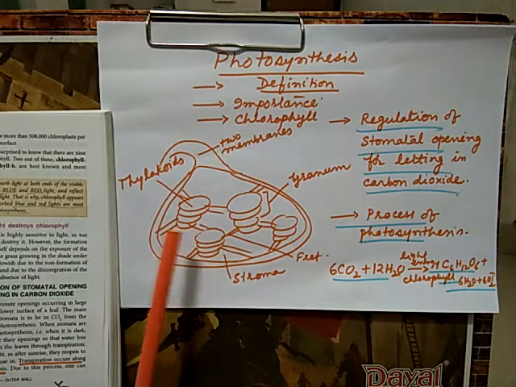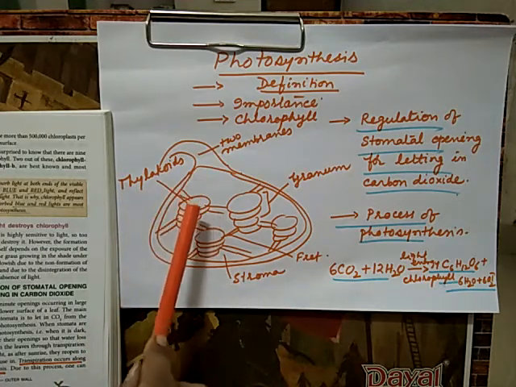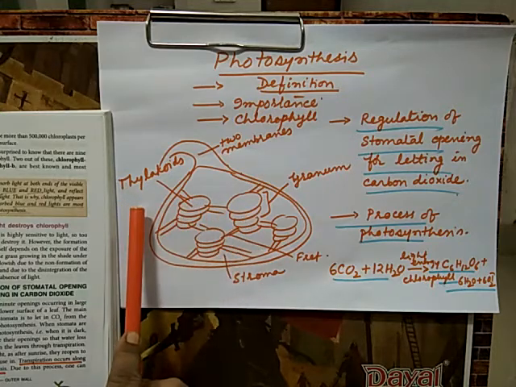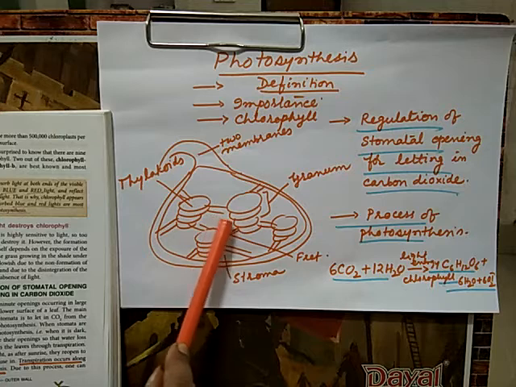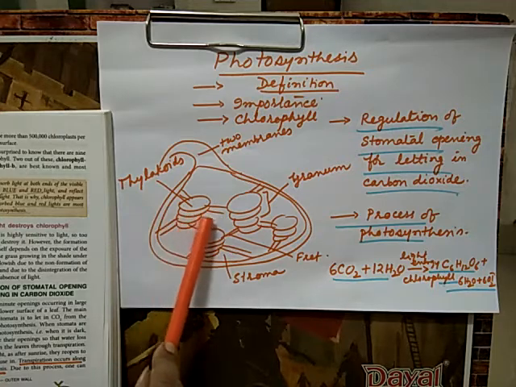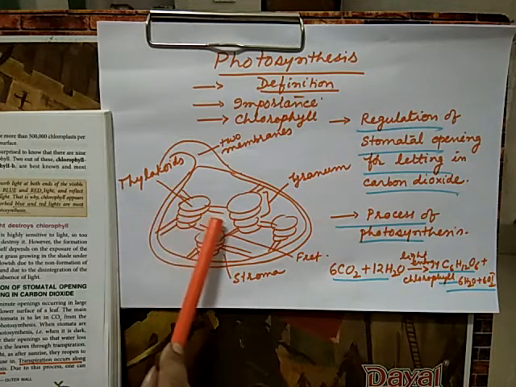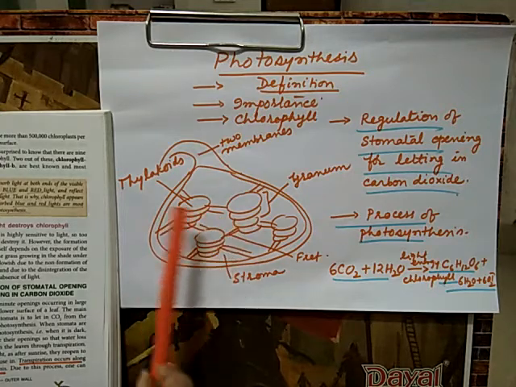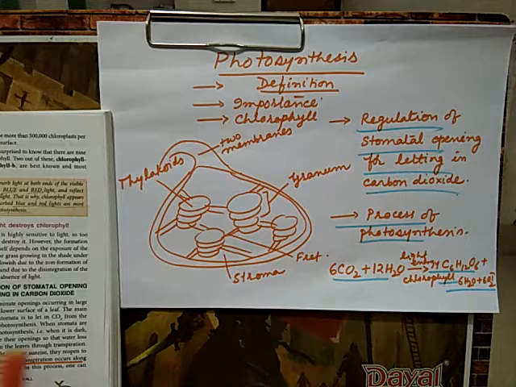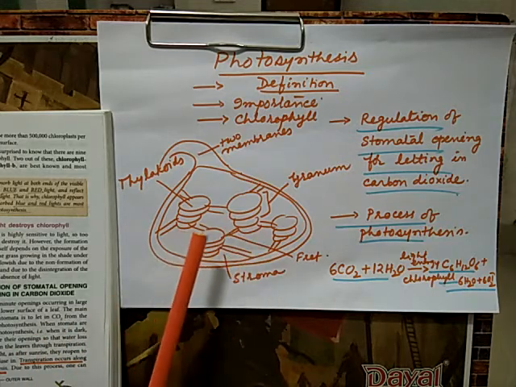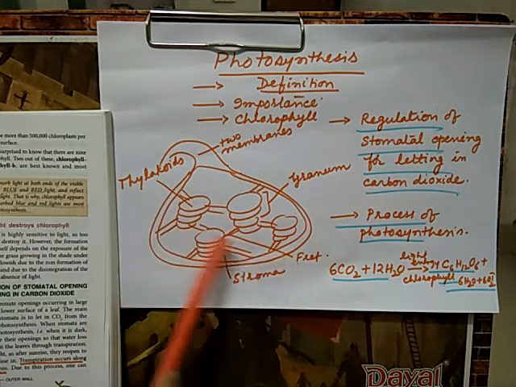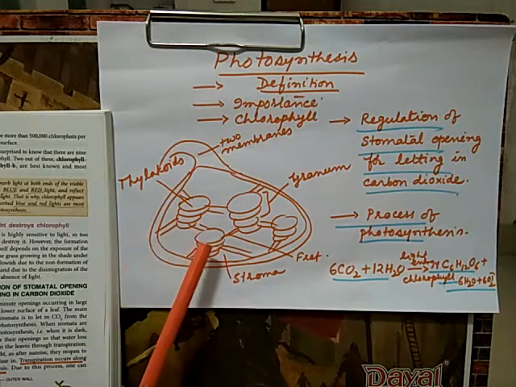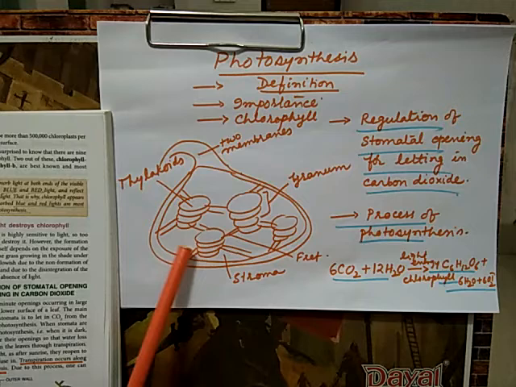Too much light destroys the chlorophyll, so it is very sensitive, and if it is not getting sunlight either, it cannot be generated, so there is disintegration of the older parts of the leaves or the stem. And there is regulation of stomatal opening for letting in the carbon dioxide, so the thylakoids and the stroma depend highly upon the structures called the stomata.